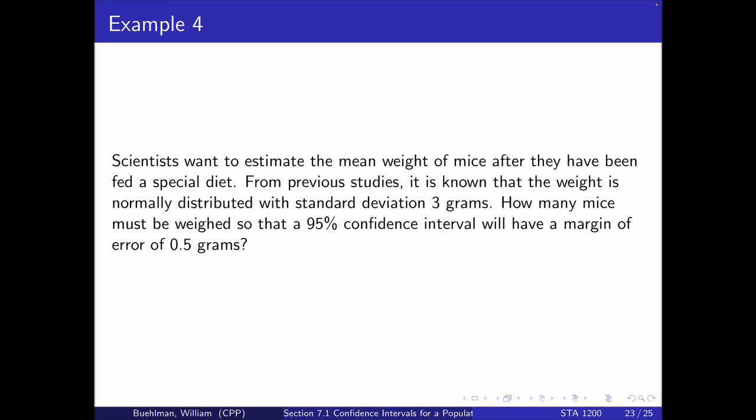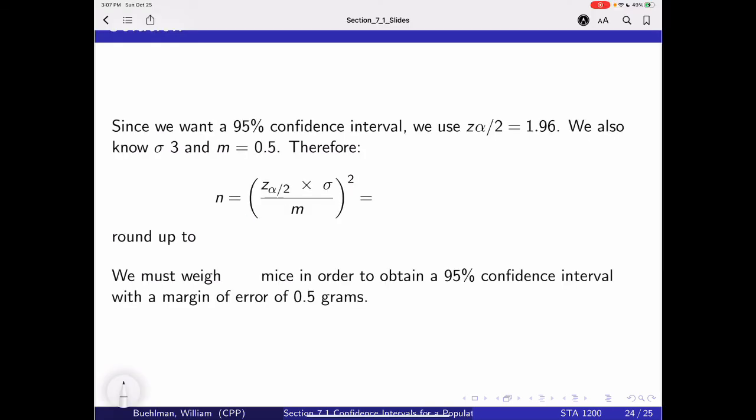From previous studies, it is known that the weight is normally distributed with a standard deviation of 3 grams. How many mice would need to be weighed so that a 95% confidence interval will have a margin of error of 0.5 grams? Since we want a 95% confidence interval, we use z alpha/2 equaling 1.96.